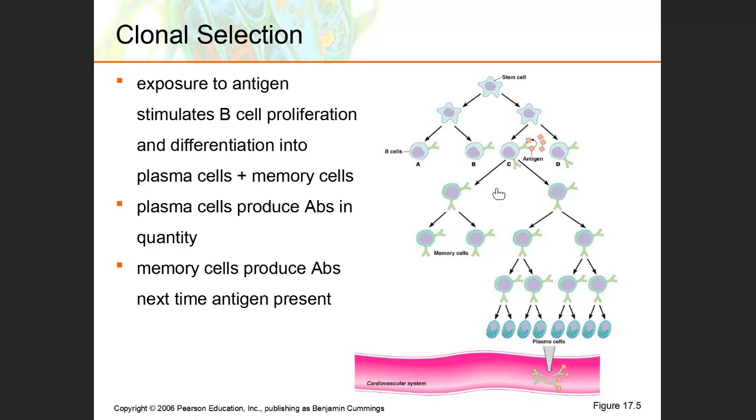So the plasma cells are antibody factories. They are just turning out lots and lots of antibodies. And the reason why is those antibodies have to travel all throughout your entire body to encounter that antigen wherever it might be. So you have a lot of plasma cells all secreting antibodies.